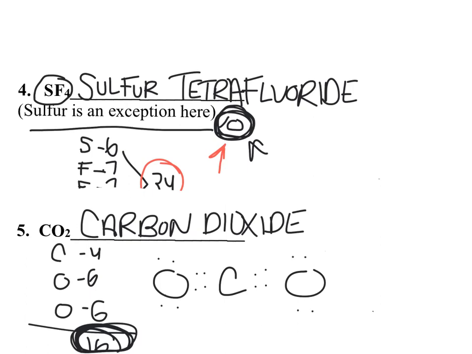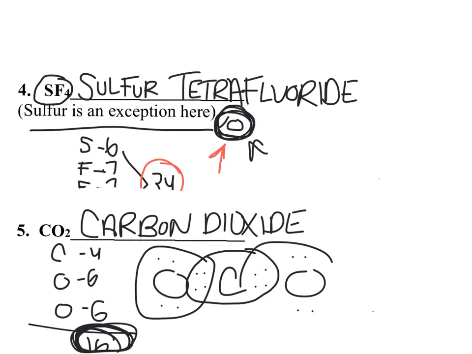Now, let's check everything. Is oxygen touching 8 electrons? Yes. Is carbon touching 8 electrons? Yes. Is this oxygen touching 8 electrons? Yes. Let's make sure we count up, though, because everyone's stable. Did we use 16? 2, 4, 6, 8, 10, 12, 14, 16. Congrats.